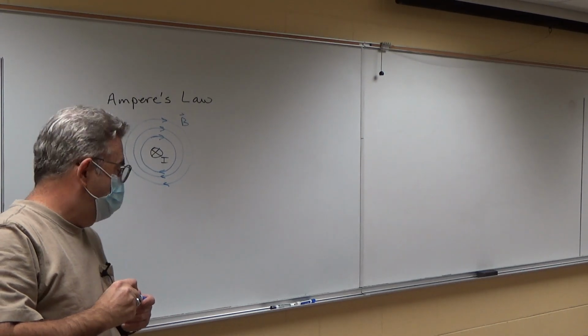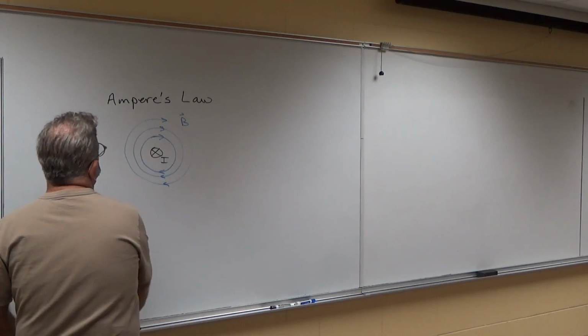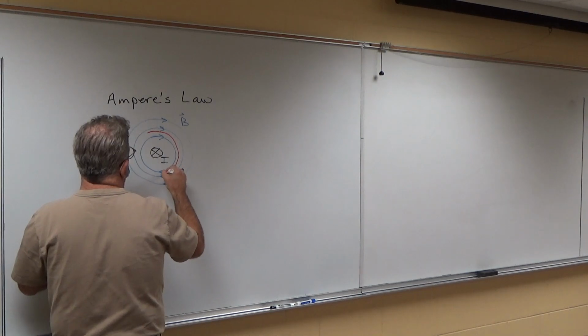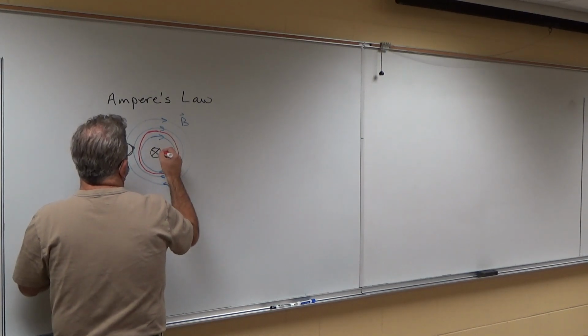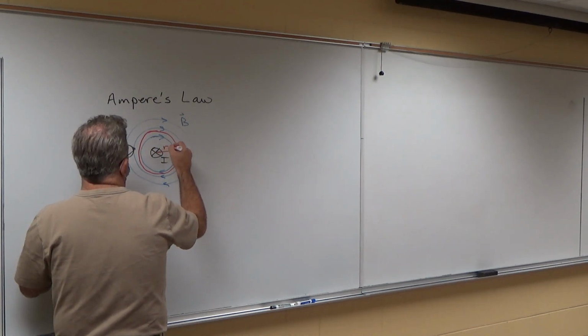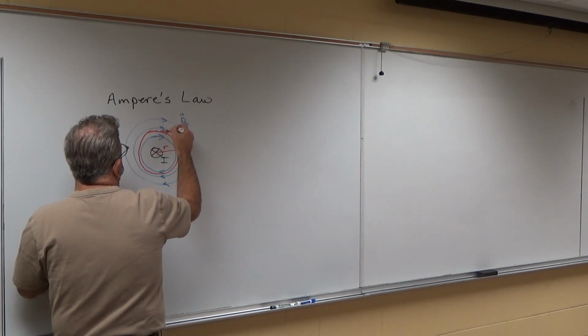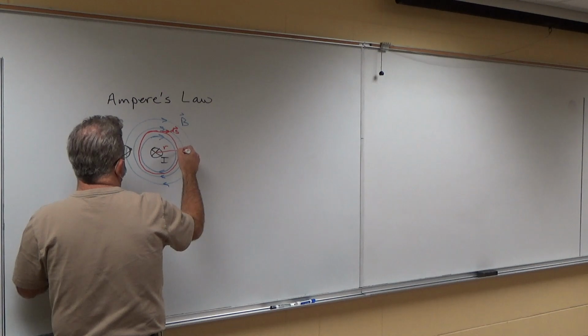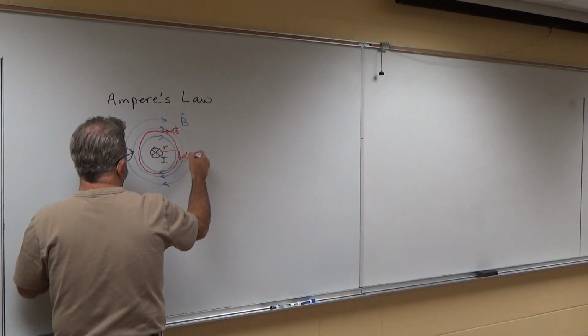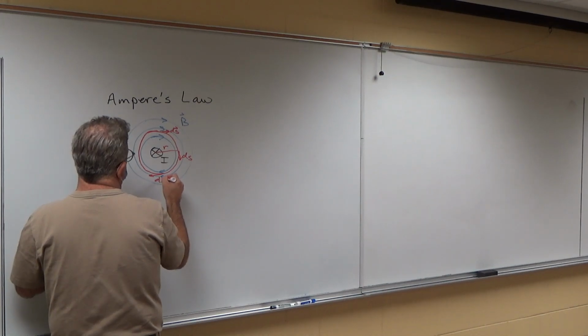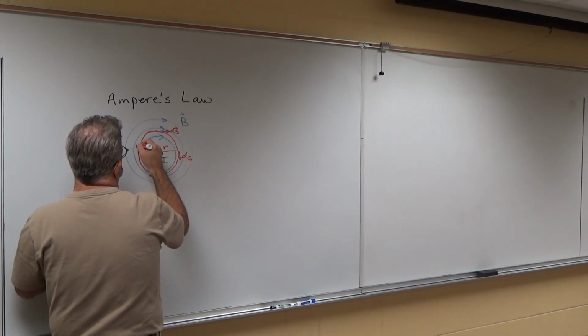So I'm going to make a loop at some radius r. It's arbitrary. So here's the radius r, and I'm going to go around the loop with those little displacement vectors ds that you've seen before. ds and ds.